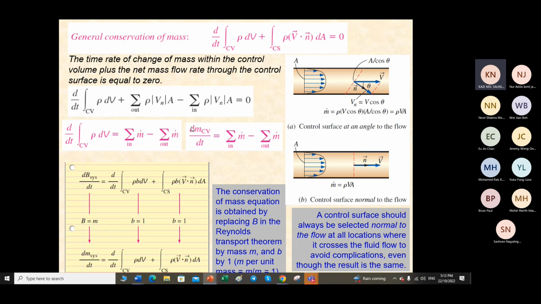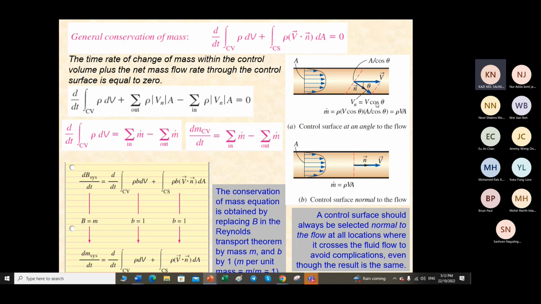Similarly, if we consider this surface area, and the component here is considered the horizontal direction, then we can say that Vn, perpendicular to this component, can be considered V cos theta along this direction, and that is equal to area A. So area A cos theta divided by cos theta will give us the inclined area at that place.